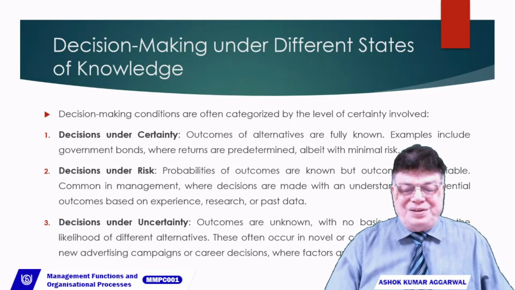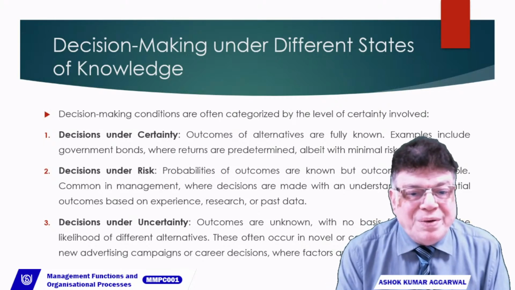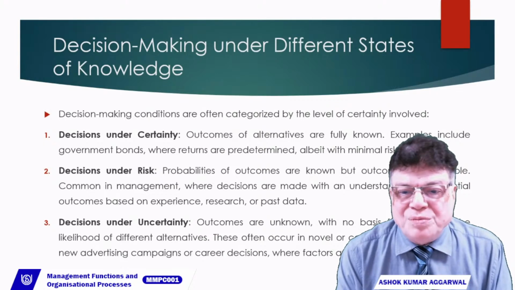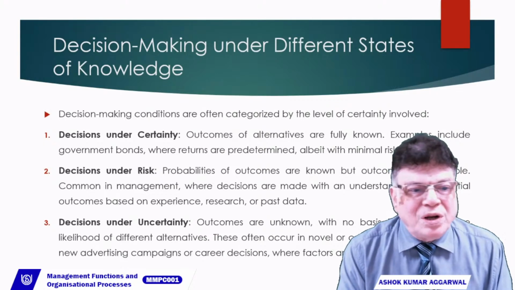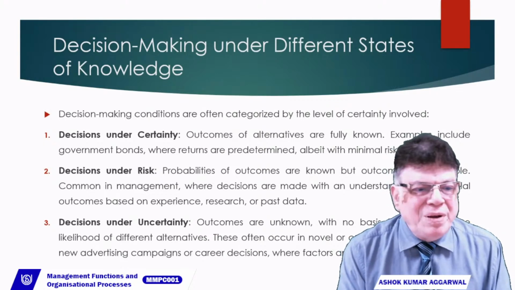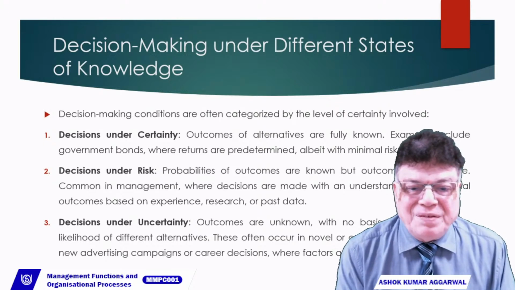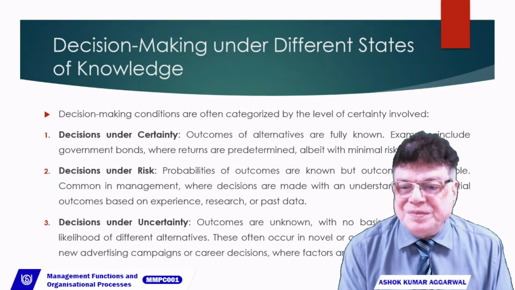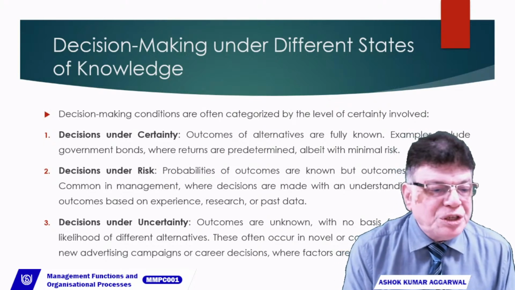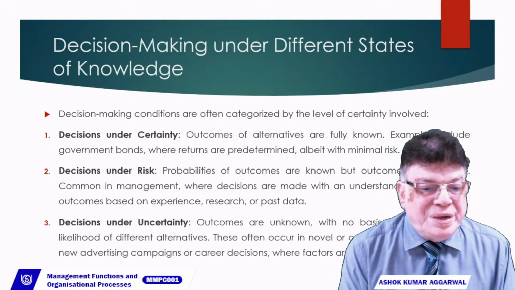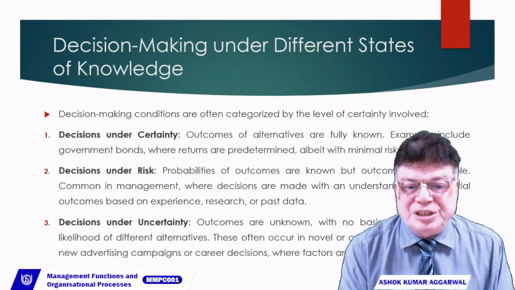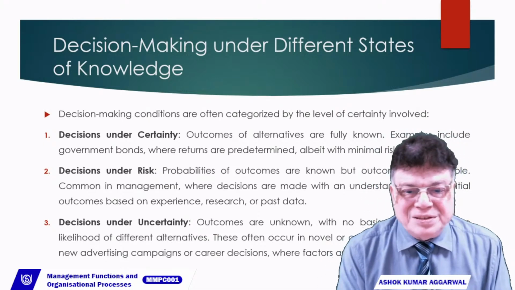Decisions under risk: probabilities of outcomes are known, but outcomes are variable. Common in management, where decisions are made with an understanding of potential outcomes based on experience, research, or past data.